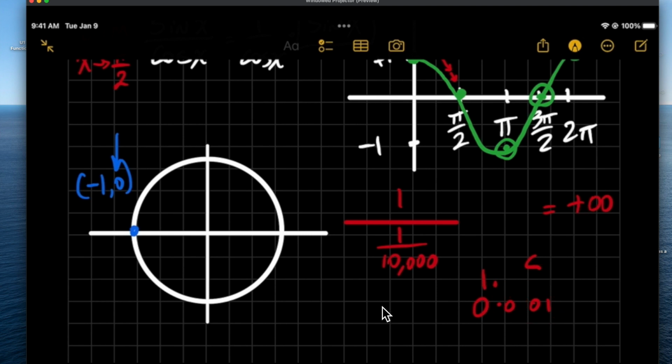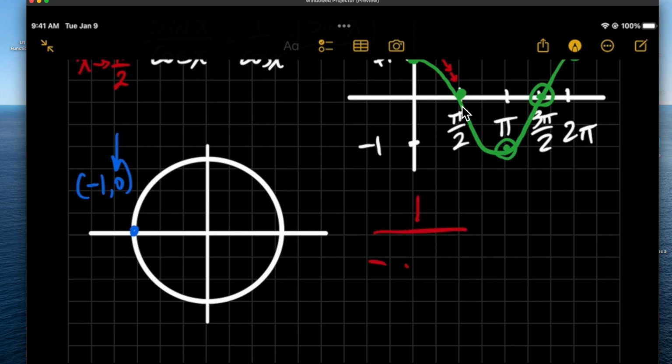Okay, now we're going to approach from the right. Now here, our y values are going to stay negative right up until the time they approach 0. Negative, but smaller and smaller negative. Look, here it's at -1/2. Here it's at -0.5. Here it's at -0.1. -0.0001. So let's put that in the fraction. -0.0001.